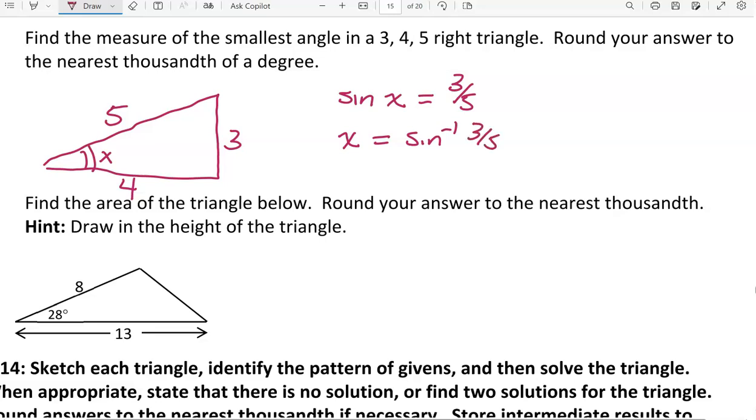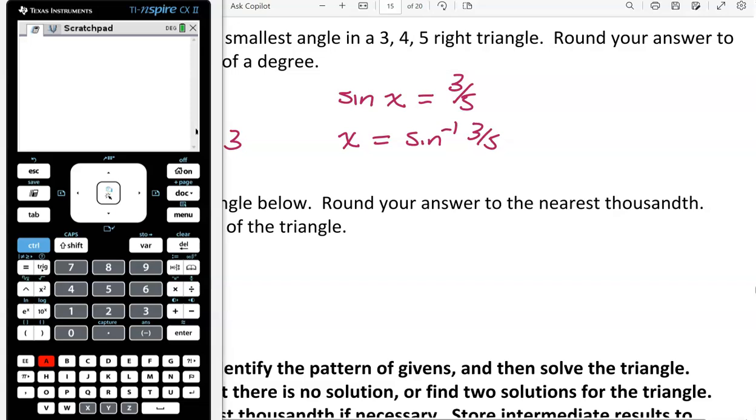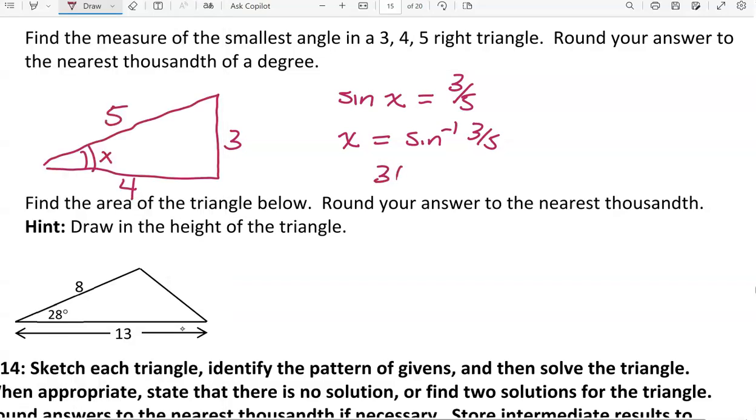And now we're ready for a calculator. So the inverse sine of 3/5 is equal to 36.870. And that will be measured in degrees. It's okay if you leave the degree measure off, because sometimes that can be confused with 0. Up to you whether you want to include that or not.